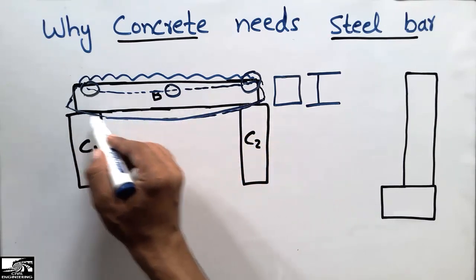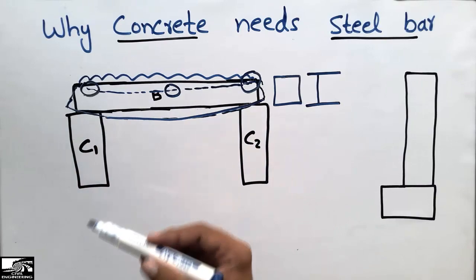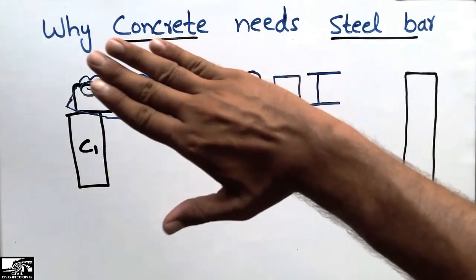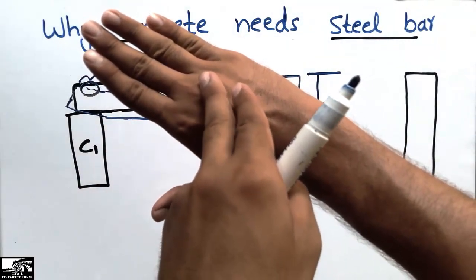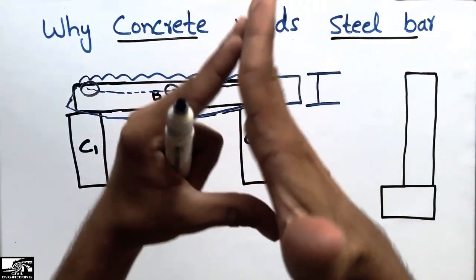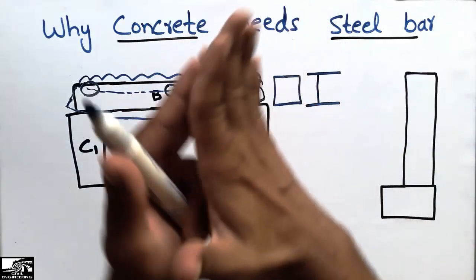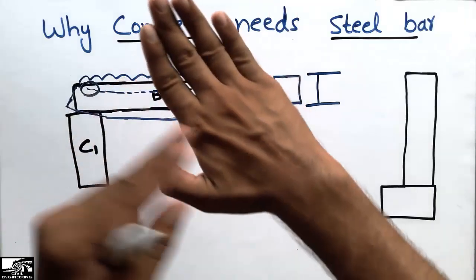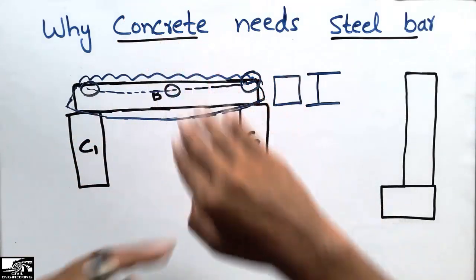If I consider my hand, upon loading, the upper portion is compressed but the bottom portion is in tension. So tensile stresses are created at the bottom, while the upper portion is in compression.